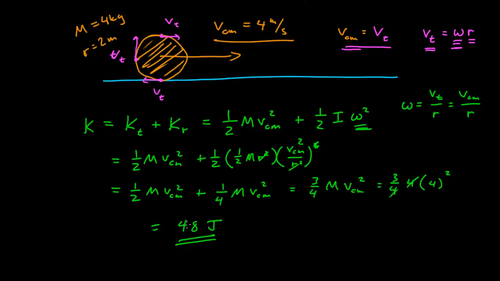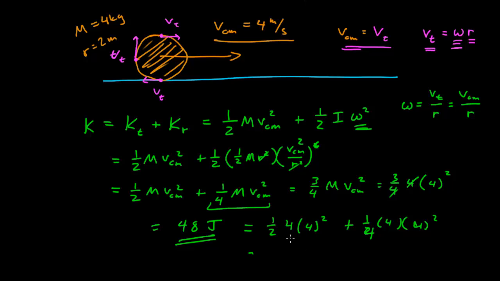Okay, and maybe I shouldn't have combined them. I'm not sure that's as useful. If I look at each of my translational and rotational terms, I had 1/2 the total mass, which is 4, times the velocity of the center of mass squared, which was 4 squared, plus then this term, which was my energy of rotation, which is 1/4 times the mass times 4 squared.